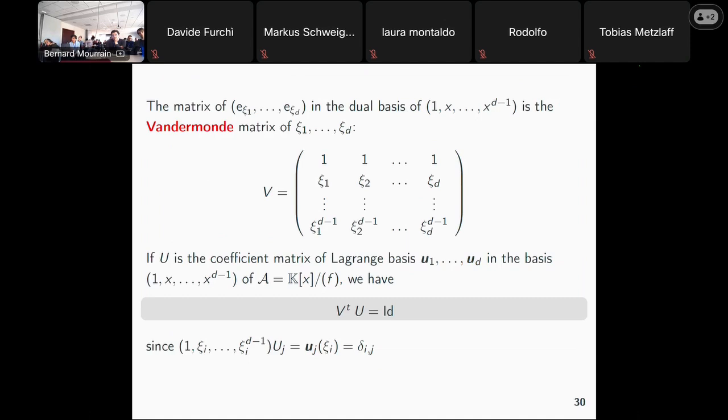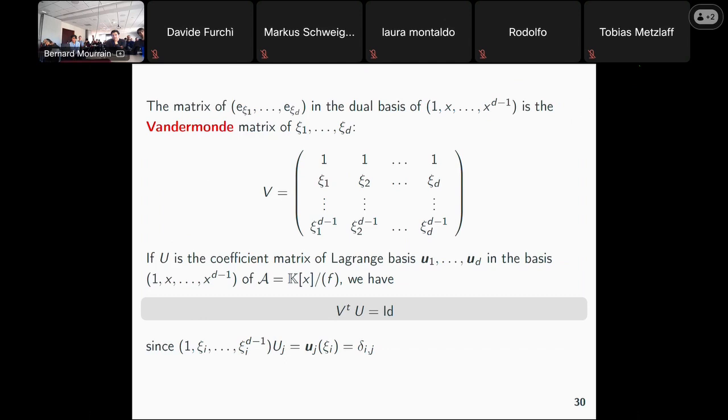A word on the relation between Vandermonde and the interpolation polynomials. This is also classical. We have our basis of the quotient, which is 1, x, to x to the d minus 1.